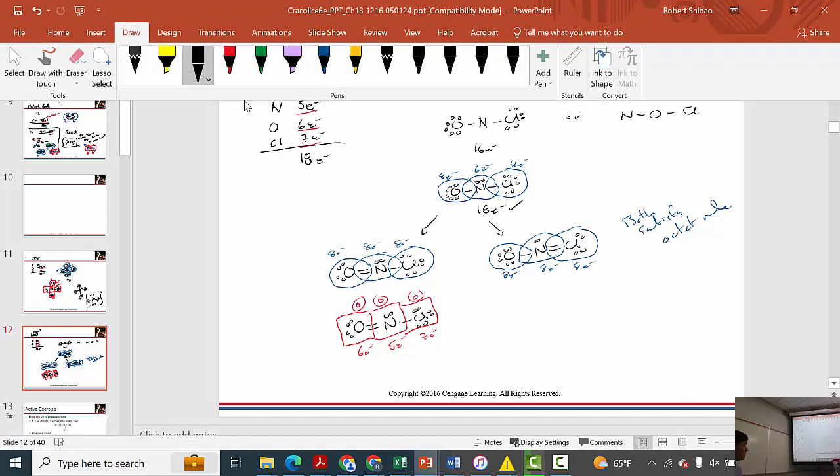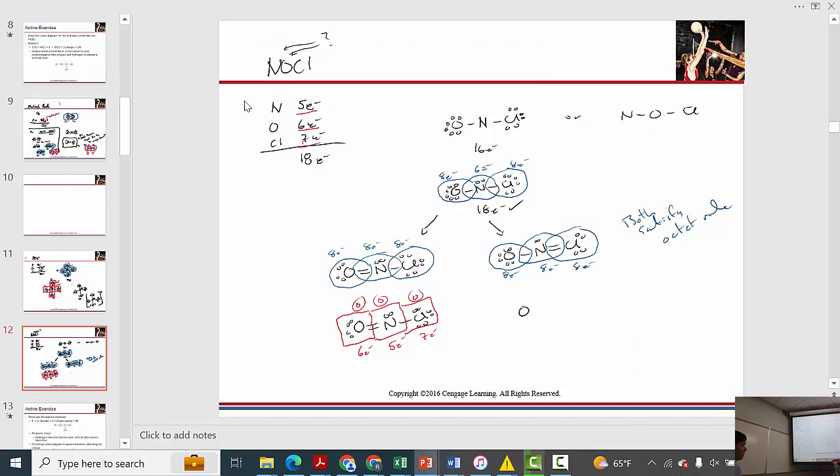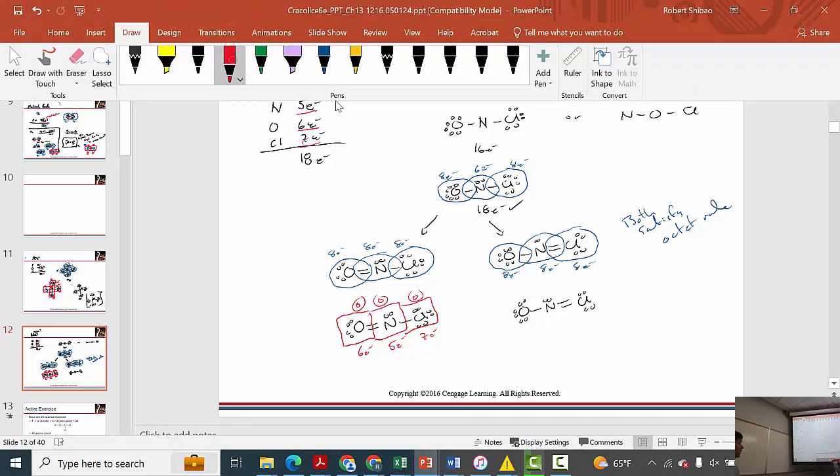Okay, let's take a look at this other structure over here, and do the same thing.